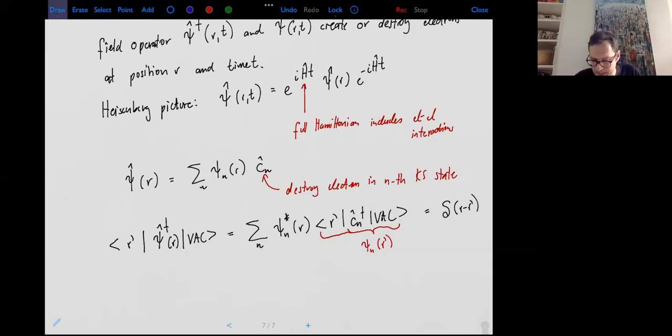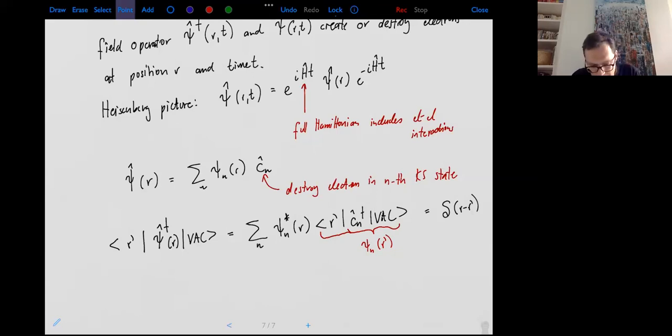And basically, this is, of course, what we expected: if we create an electron at r and measure the wave function at r prime, this is 0 unless r is the same as r prime, right? So everything I've told you kind of makes sense.